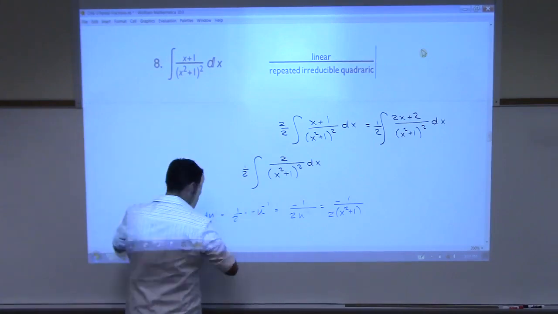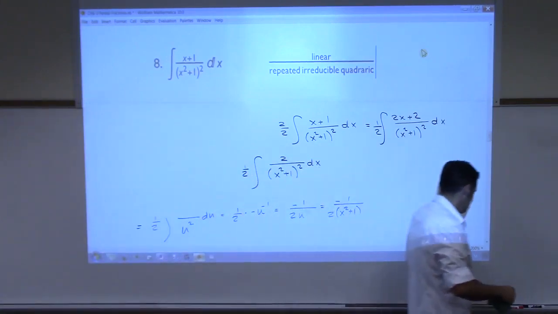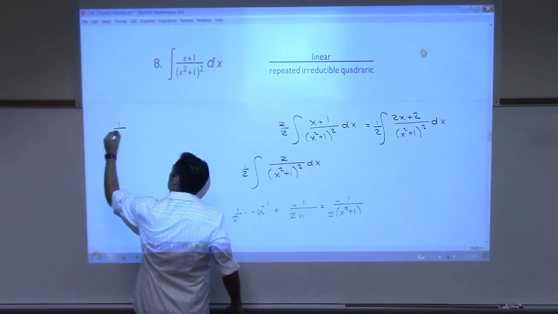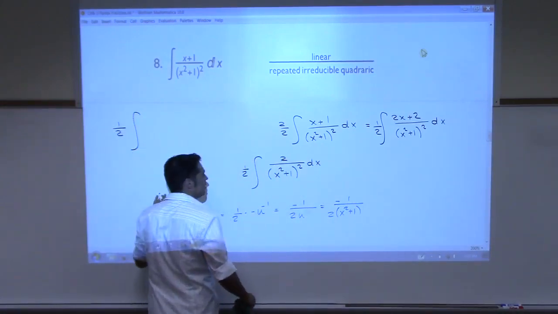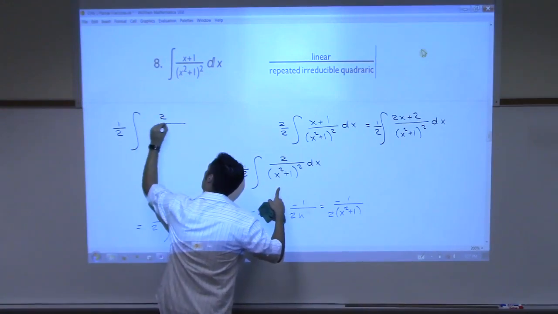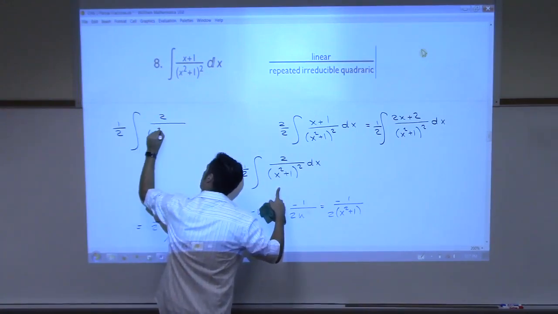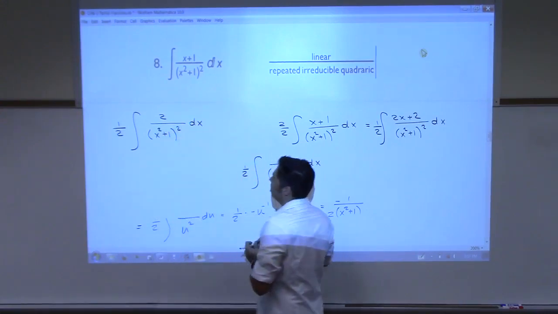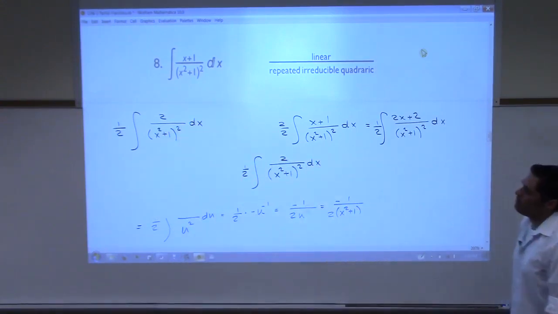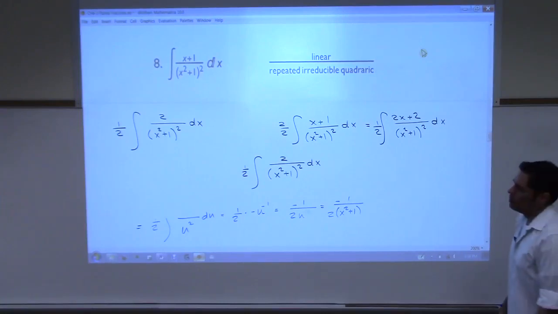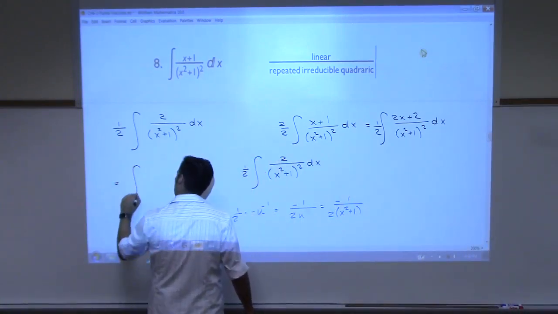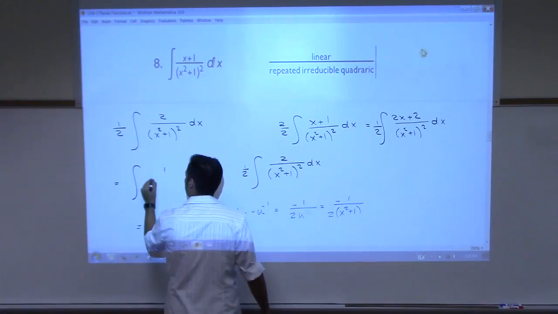So I have 1/2 integral 2 over x squared plus 1 squared dx. And I'm just going to pull the 2 out. 2 hits the half, it's gone.